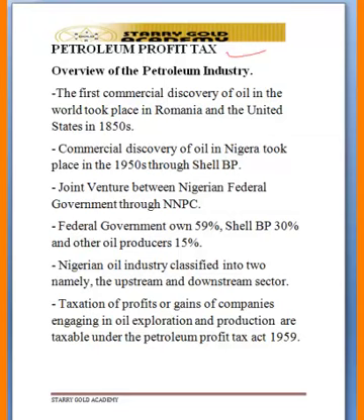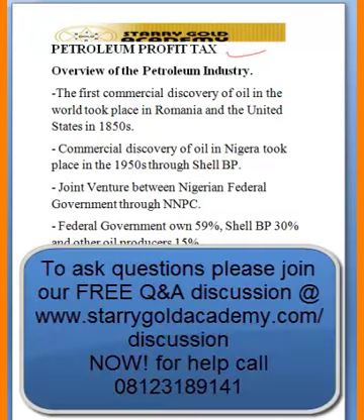Now the industry itself is classified into two. We have the upstream sector and the downstream sector. What are the activities of these sectors? I will briefly take you through what is done in each.